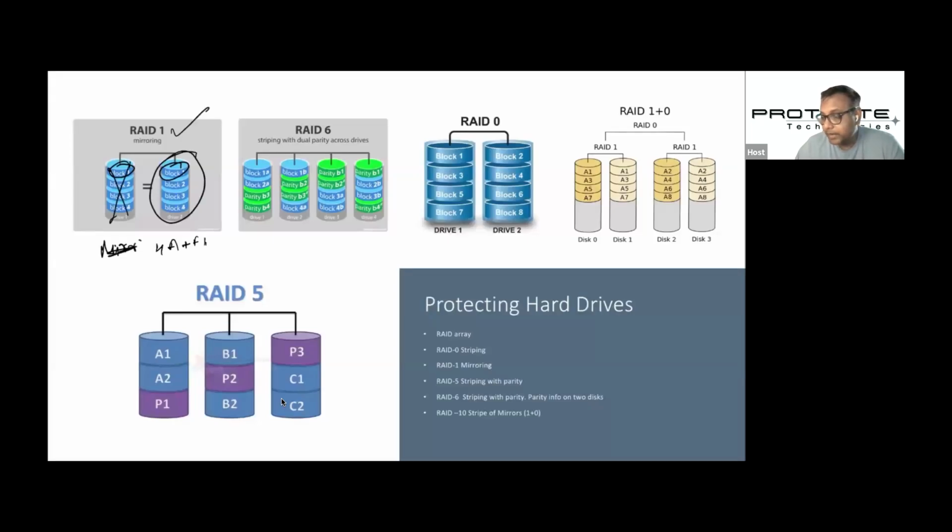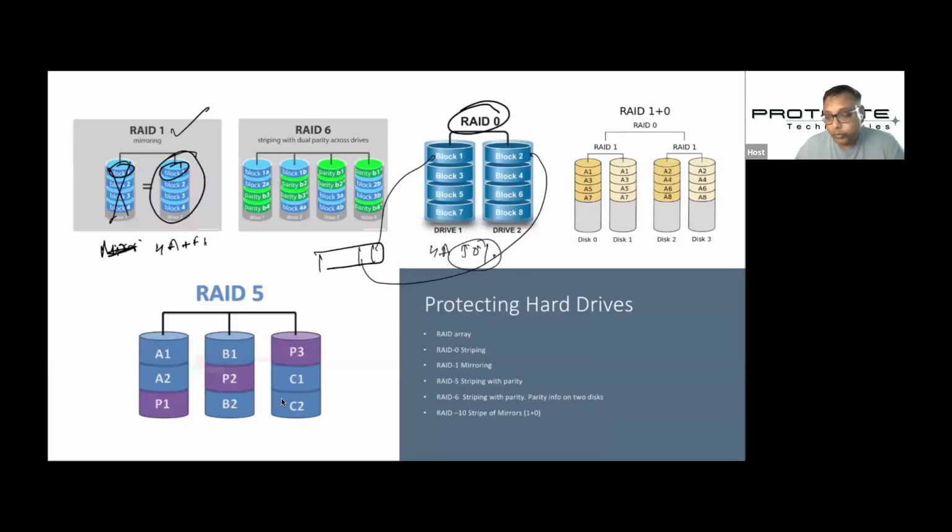Then you have something called RAID 0. In RAID 0, what you do is striping. So you have a complete block of data. The first block you write on one drive, the second block you write on the second drive. Now this spreads your data. It gives you high availability, but with only 50% recoverability. Okay, you lose 50% of the data if you implement RAID 0.